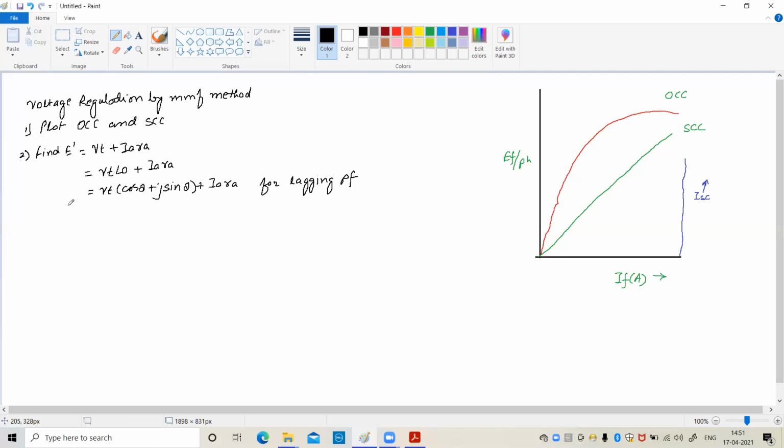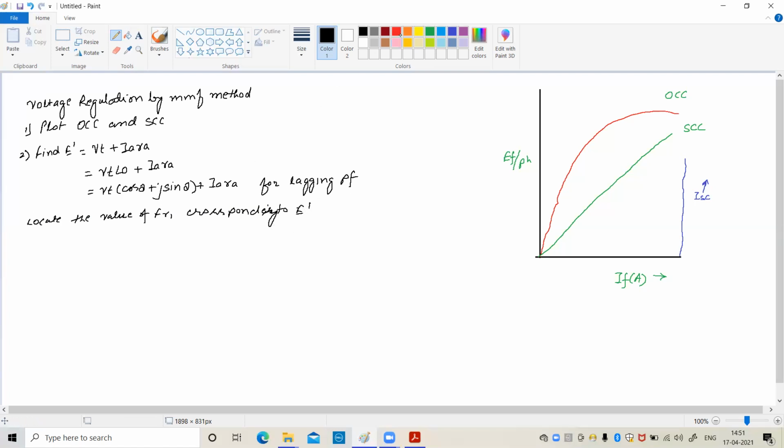So first we calculate. Now look at the value of FR1 corresponding to E dash, whatever the E dash.